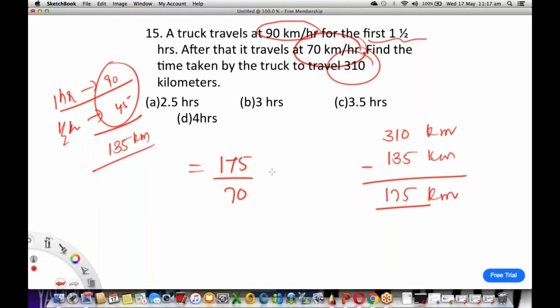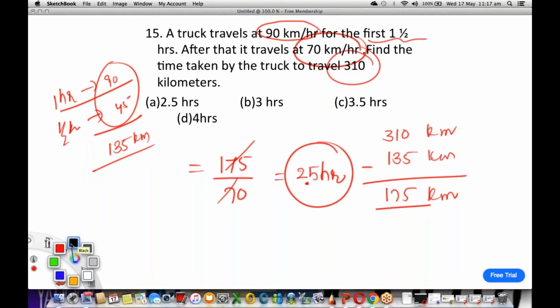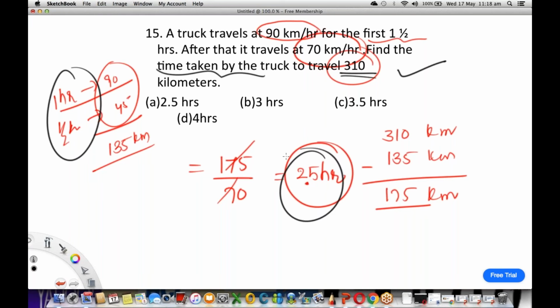That means the time taken will be 175 by 70. 7 twos are 14, we are left with 35, 7 fives are 35. So 25 by 10 is nothing but 2.5 hours. Don't pick the answer as 2.5 hours directly, because he's asking the time taken for traveling the entire 310. Already 1.5 hours is over, and this is 2.5. So you can fix your answer choice as option D.